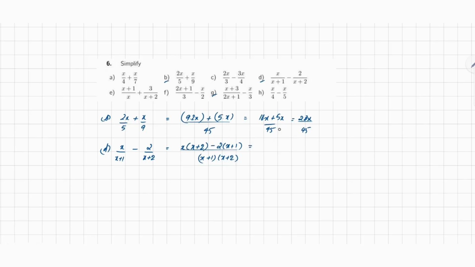We can open the brackets. We have x squared plus 2x minus 2x minus 2 over (x plus 1) times (x plus 2). And that gives us x squared minus 2 over (x plus 1) times (x plus 2).